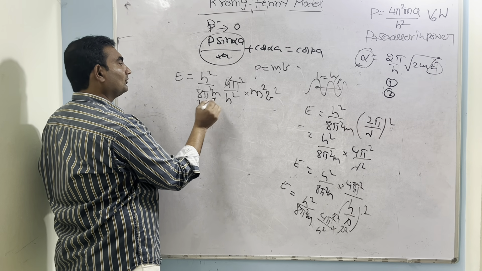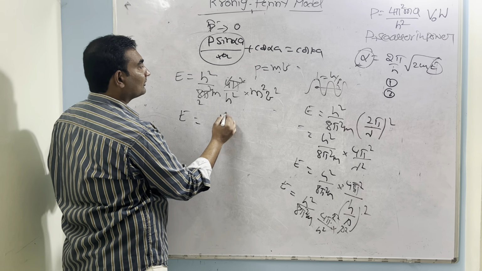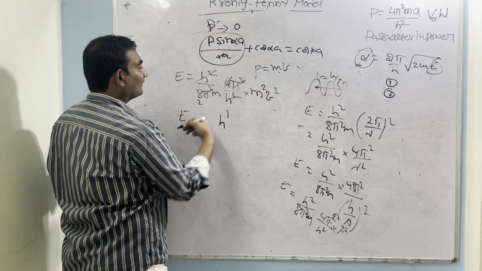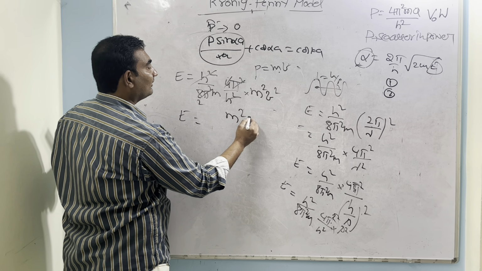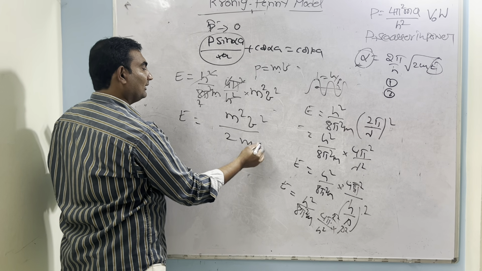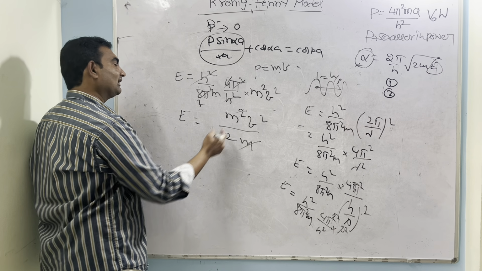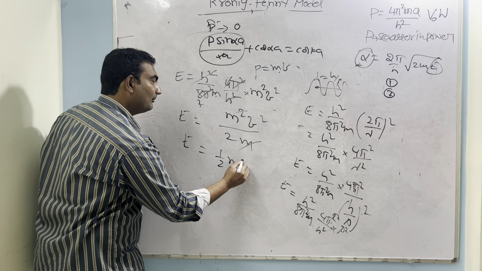The 4 pi square, the h square cancel. What else? We have m square v square by 2m. Once again this m is cancelled out. So E is equal to half m v square.